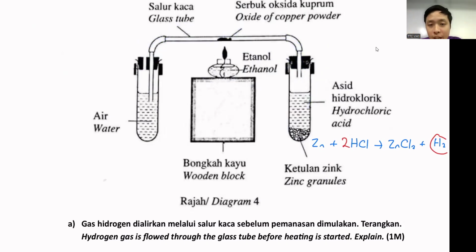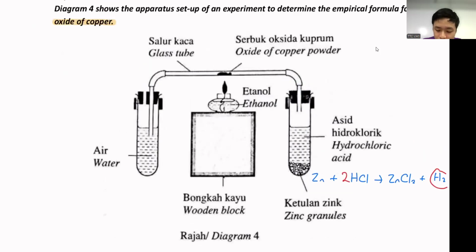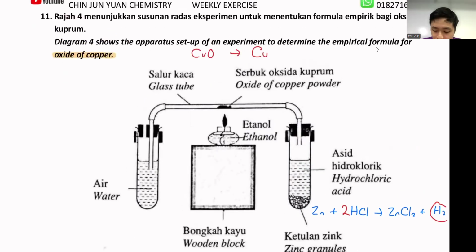Even after the experiment, you still have to let the hydrogen gas flow through, because the CuO has already turned to Cu. If after the experiment you let the oxygen straight away enter, the copper is still hot.